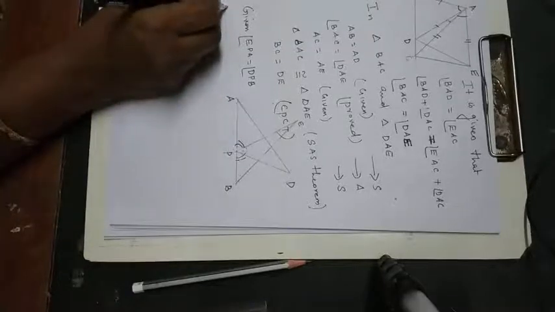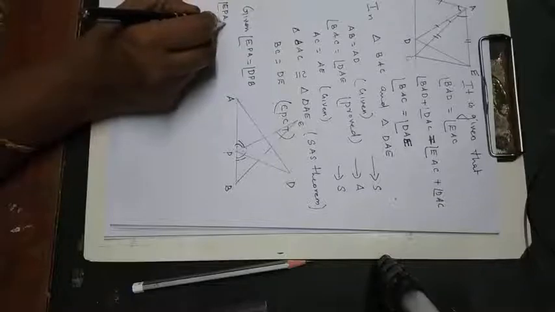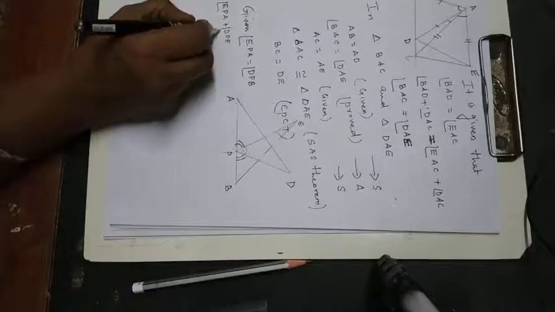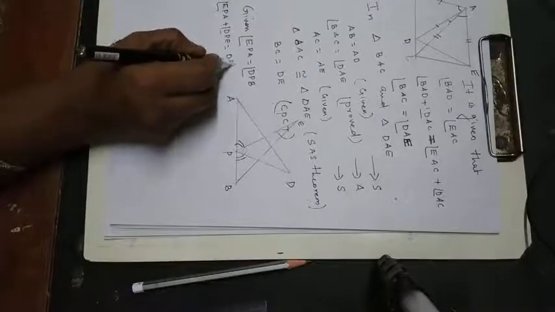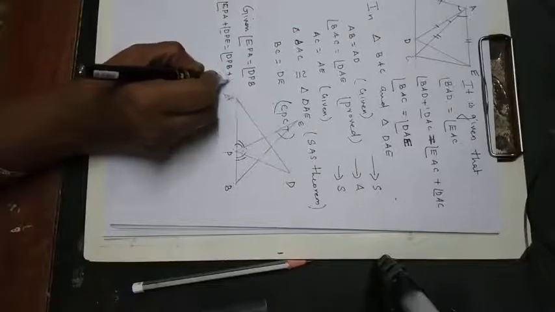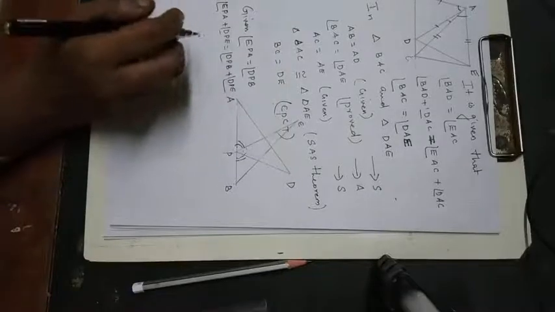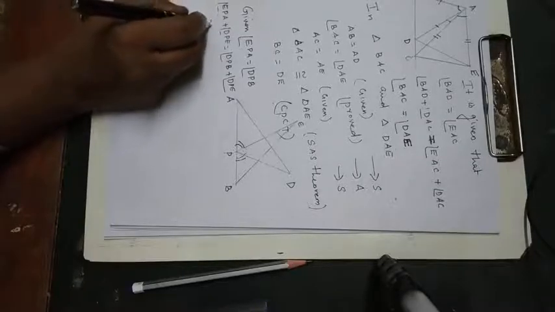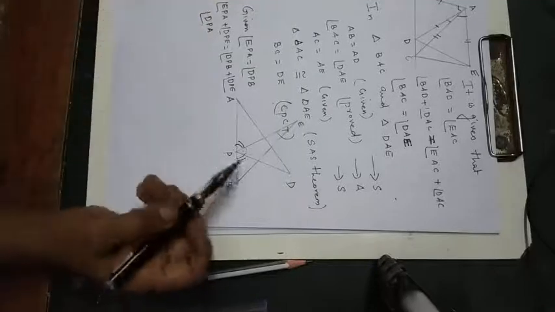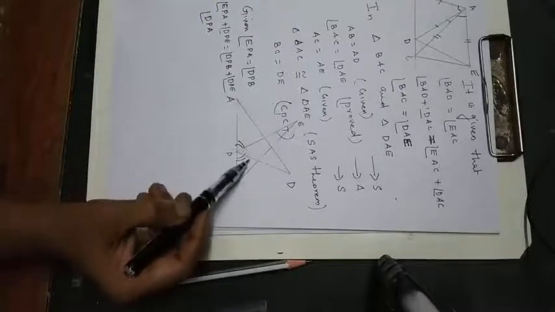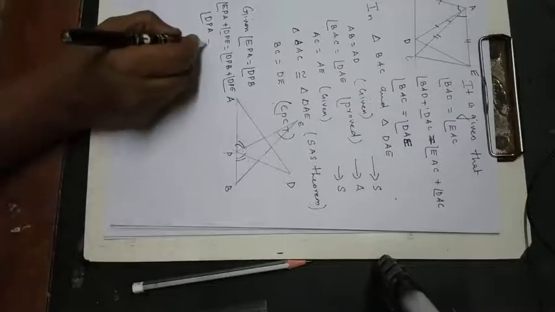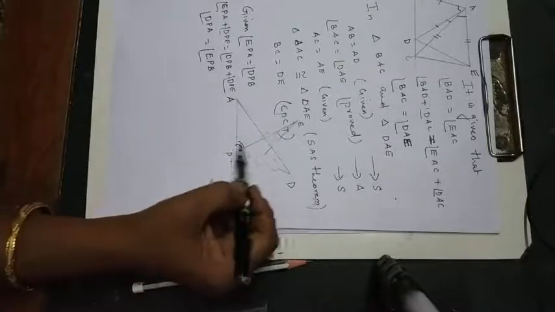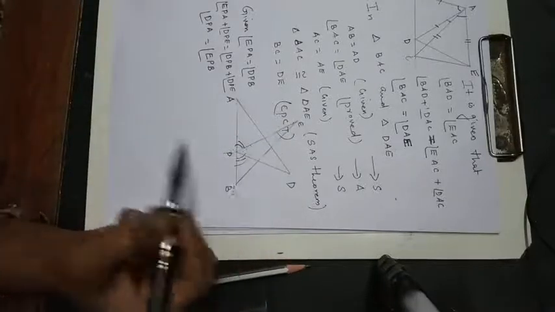So EPA plus DPE equal to DPB plus DPE. That angle will change into DPA, this bigger angle, and that is equal to EPB, this angle.